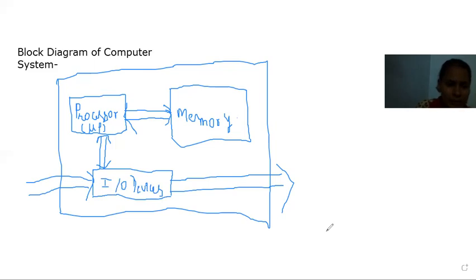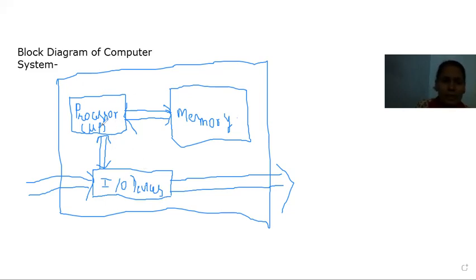So you can see from here that processor can control memory and IO devices. But memory and IO devices cannot control each other.